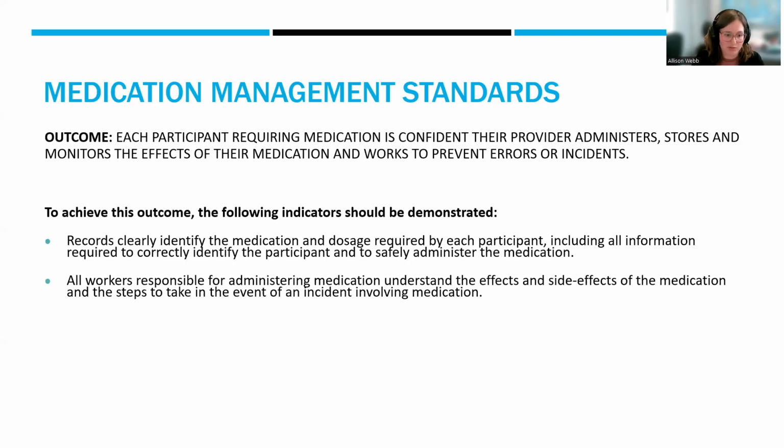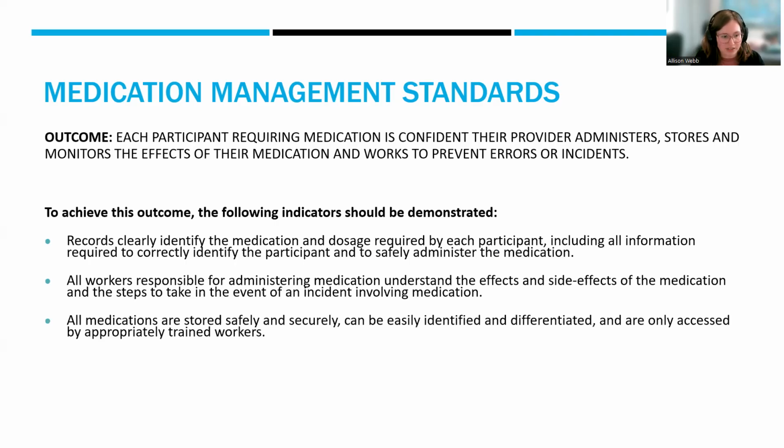That all workers responsible for administering the medication understand the effects and side effects of the medication and all the steps to take in the event of an incident involving the medication. And that all medications are stored safely and securely and can be easily identified and differentiated and are only accessible by appropriately trained workers.